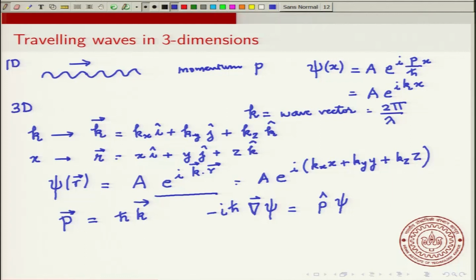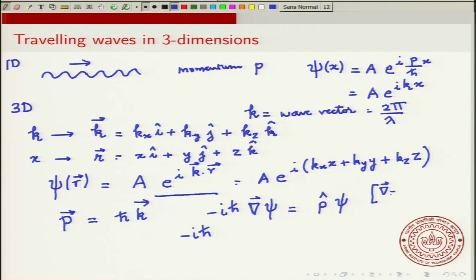If you put this particular form of the wave function, you can show it. Now, for those who are not familiar with the gradient, I will just put the expression for the gradient operator.